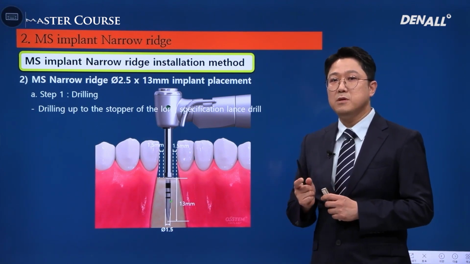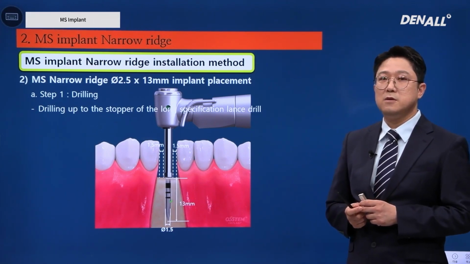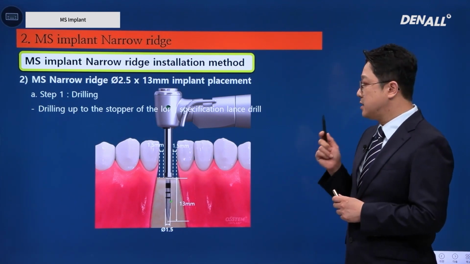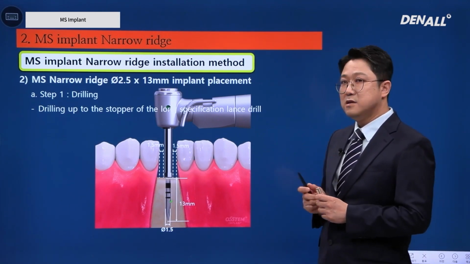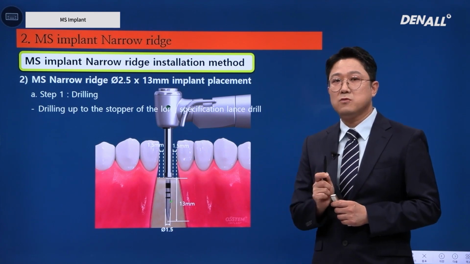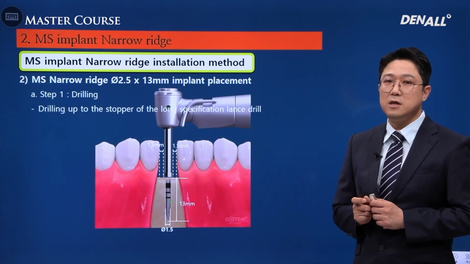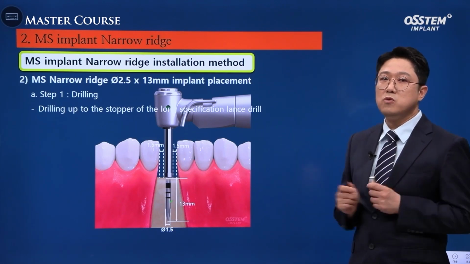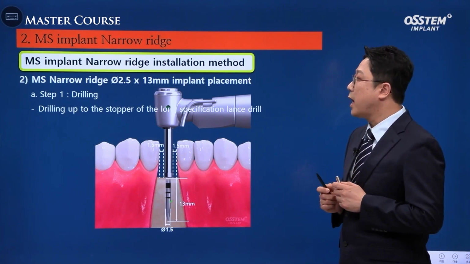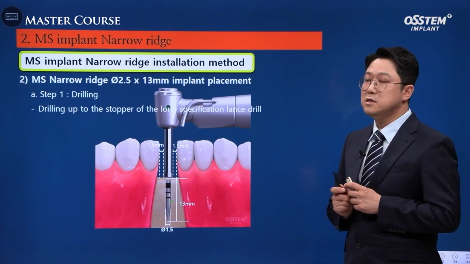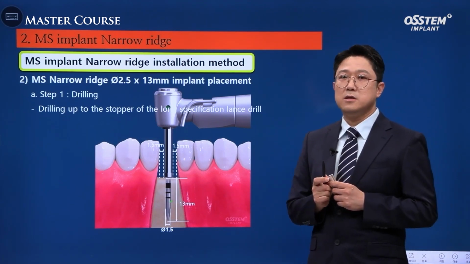Once or twice would suffice. Therefore, you need to pay a lot of attention on the position, direction, and angle in using lance drill. It really determines the entire surgery. When you use lance drill, you need to pay a lot of attention in angle and direction.